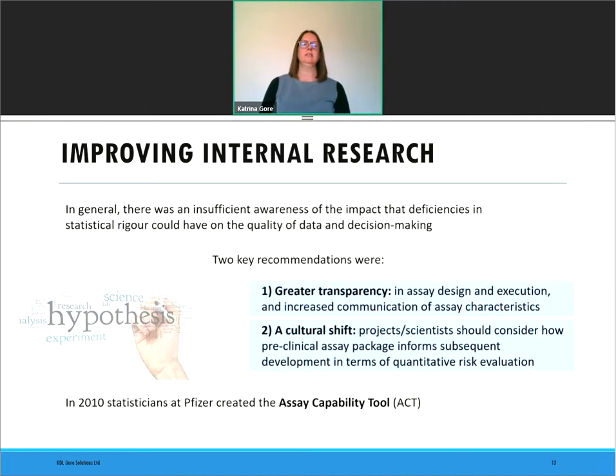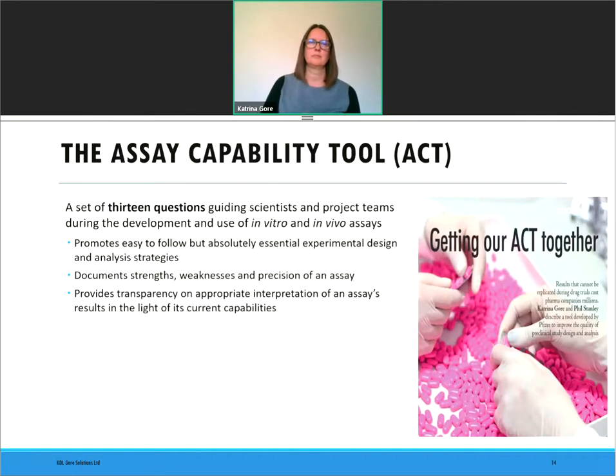So a year later, we then created the assay capability tool. It is just a set of 13 questions. Its aim is to guide scientists and project teams, because it was developed within the pharmaceutical industry, during the development and use of in vitro and in vivo assays. It promotes very easy to follow but absolutely essential experimental design and analysis strategies.